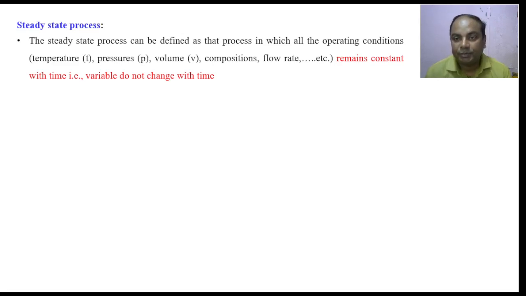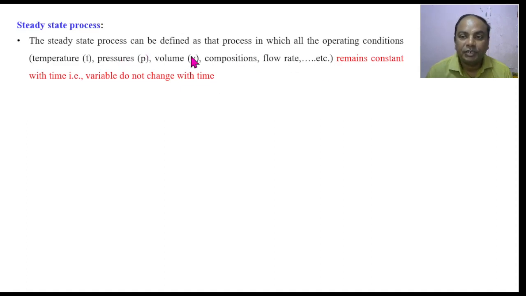In a steady state process, we know that all of the operating conditions like temperature, pressure, volume, composition, flow rate all remain constant. These process variables do not vary with time, they do not change with time.